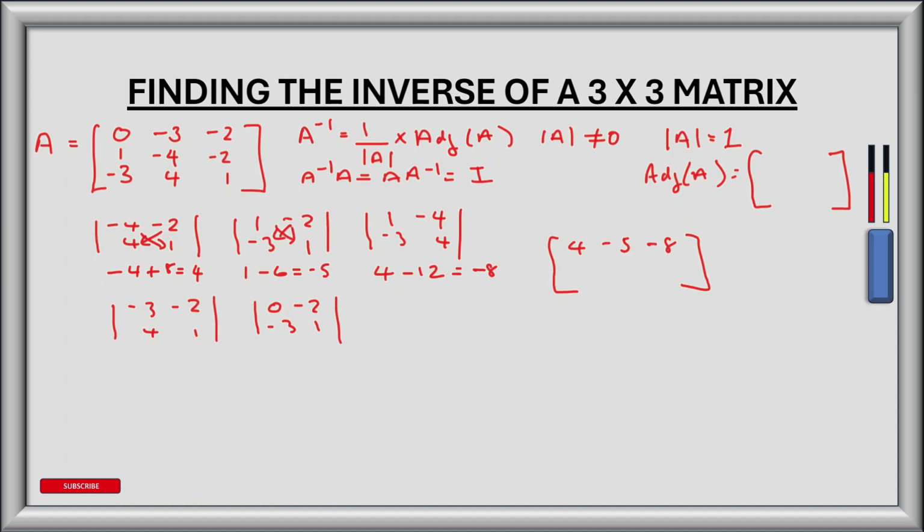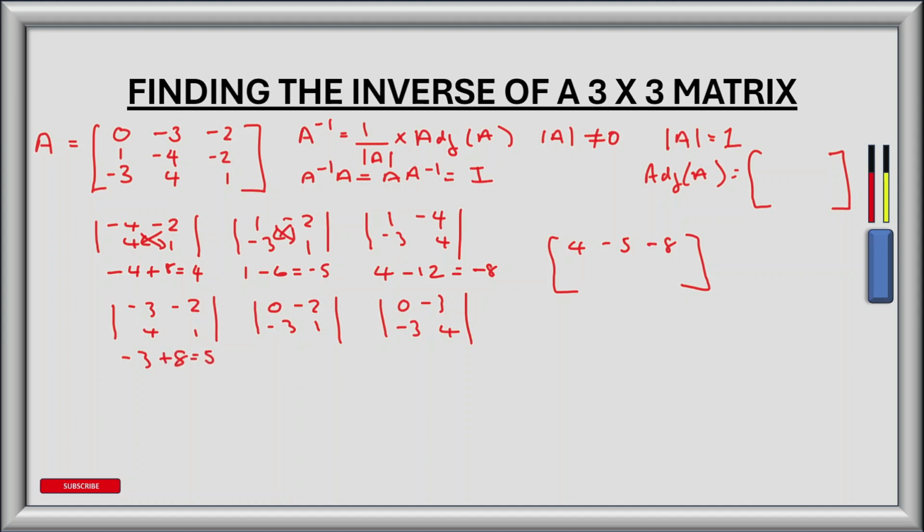We eliminate its rows and columns, and we have 0, -3, -3, and 4. So now if we calculate these determinants, we have -3 minus -8, so that's +8. That equals 5.